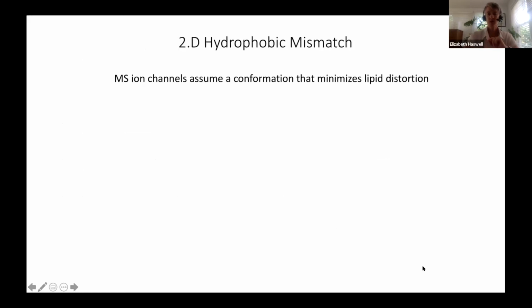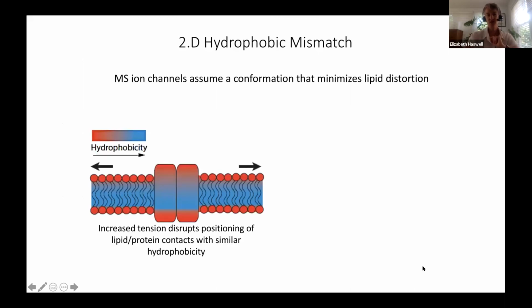So hydrophobic mismatch. The idea here is that mechanosensitive ion channels assume a conformation that keeps them embedded in the membrane. So if you think about a mechanosensitive ion channel with transmembrane helices that are normally embedded in the membrane, then as you add tension, it actually thins the membrane.